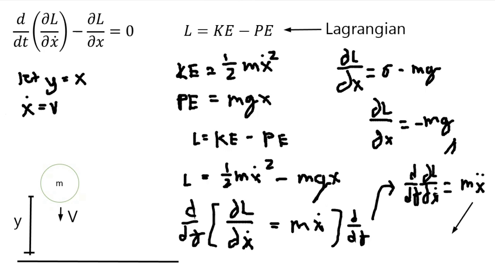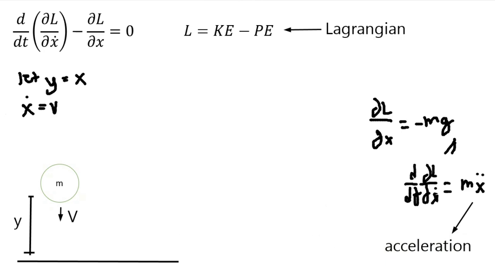It's going to be m times x double dot. x double dot is going to be the acceleration, because the second derivative of position is acceleration. So now we do have what we need.